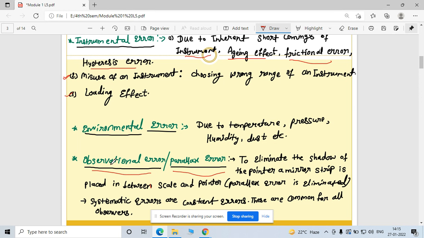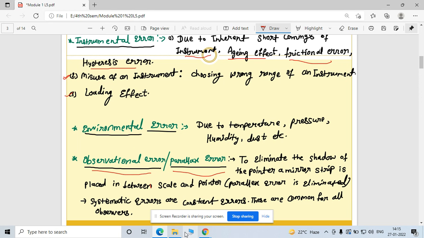If someone wants to measure the reading, nowadays there are digital meters, so it is not very difficult to take the reading. But in earlier days it was quite difficult to measure the reading, so at that time this observational error was there.